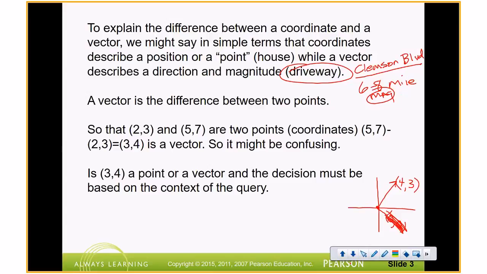So think of the house or a point as an address. Okay, it's a point. If I tell you 304, that tells you absolutely what? Nothing. But if I tell you 304 McClure Road, then that tells you at least where my address is. But you've got to state a distinction. That's the distinction between the two.